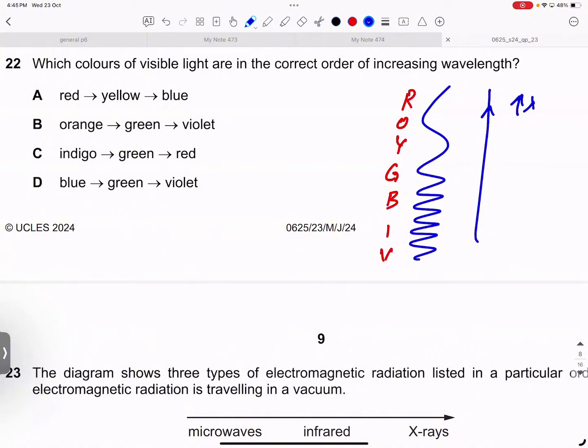So you want increasing wavelength. Red first, no. Orange, then green, no. Indigo, then green, then red. Correct. Increasing wavelength is towards red, not towards violet. Wavelength increases towards red. Wavelength decreases towards violet. So the correct option is C.